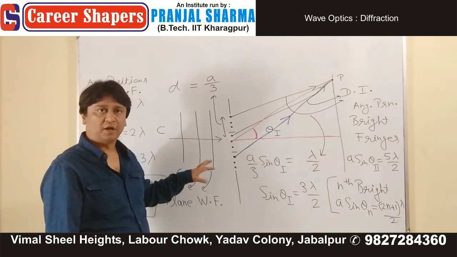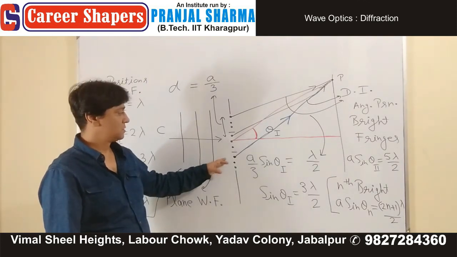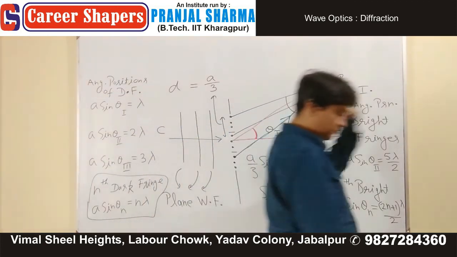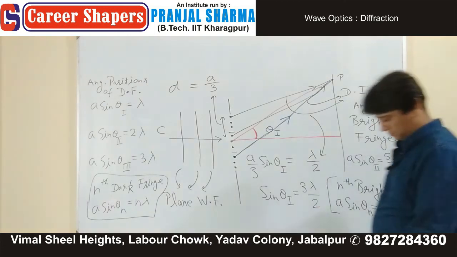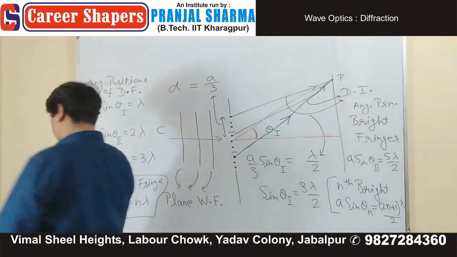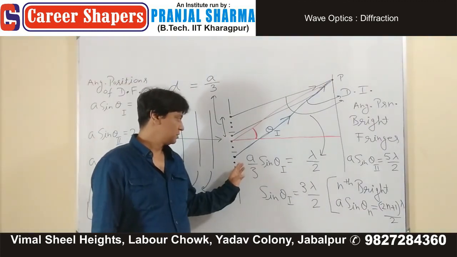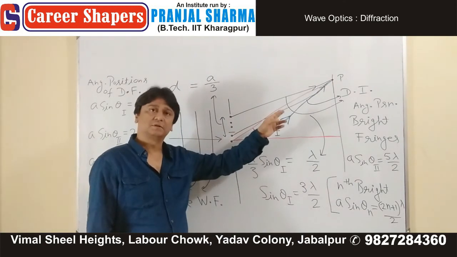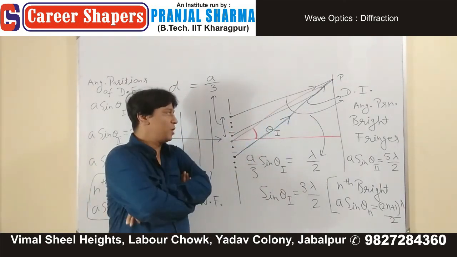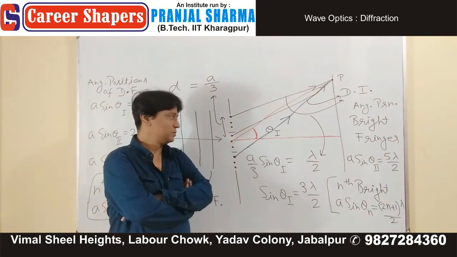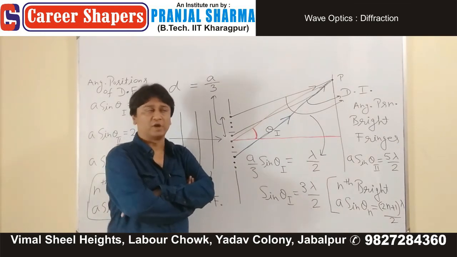But the electric field from the secondary sources of the third partition survives at point P on the screen, giving us the first bright fringe.